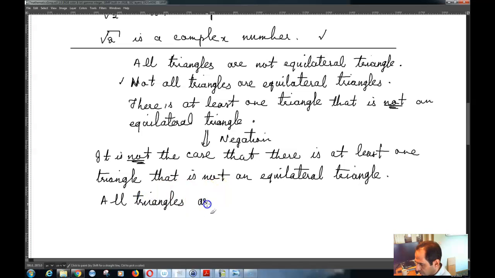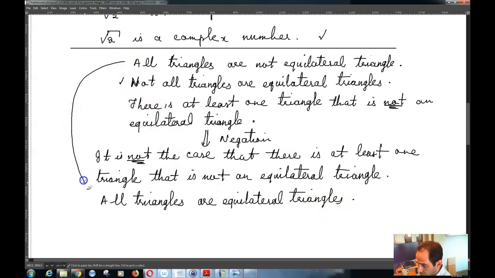And if you compare these two statements together, over here we say all triangles are not equilateral triangles, and over here we say all triangles are equilateral triangles.